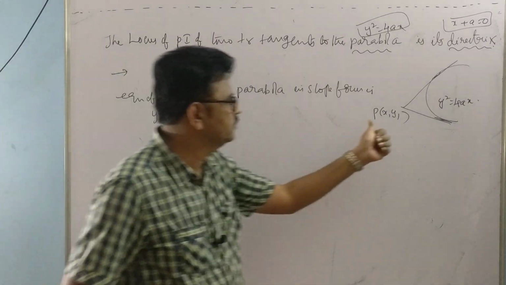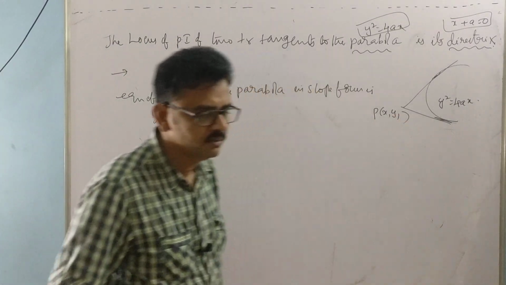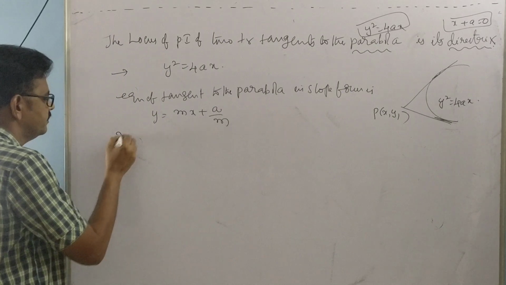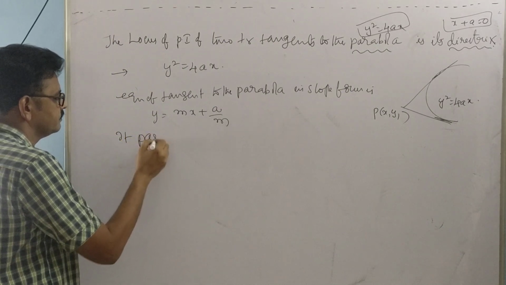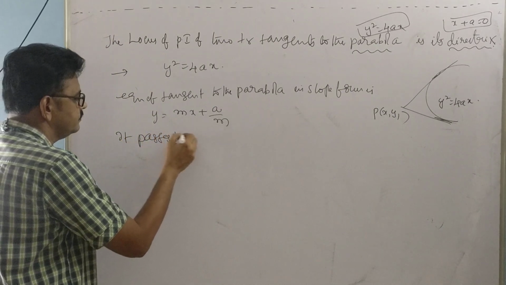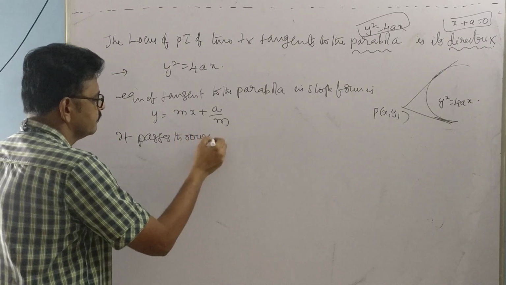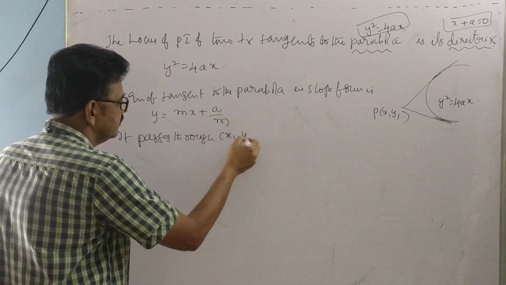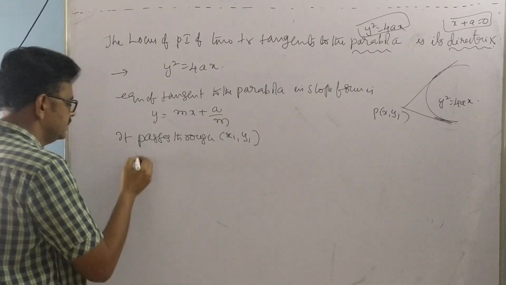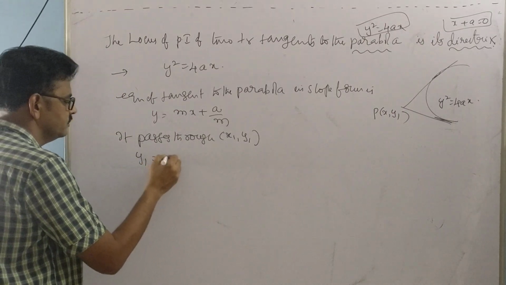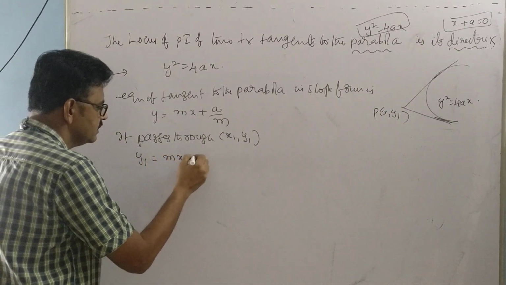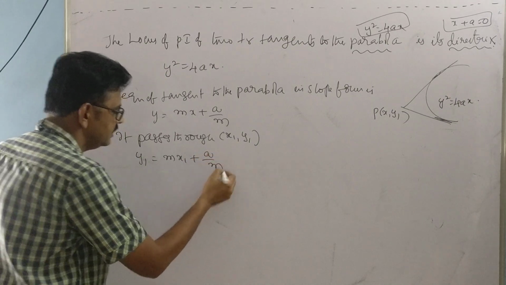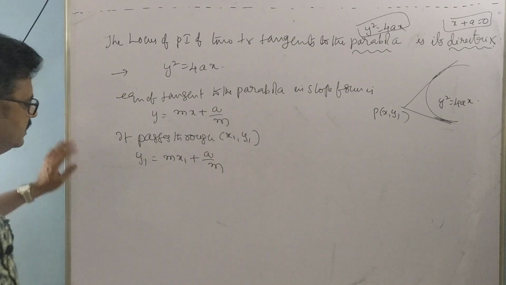It passes through the point (x1, y1). So, y1 = mx1 + a/m.